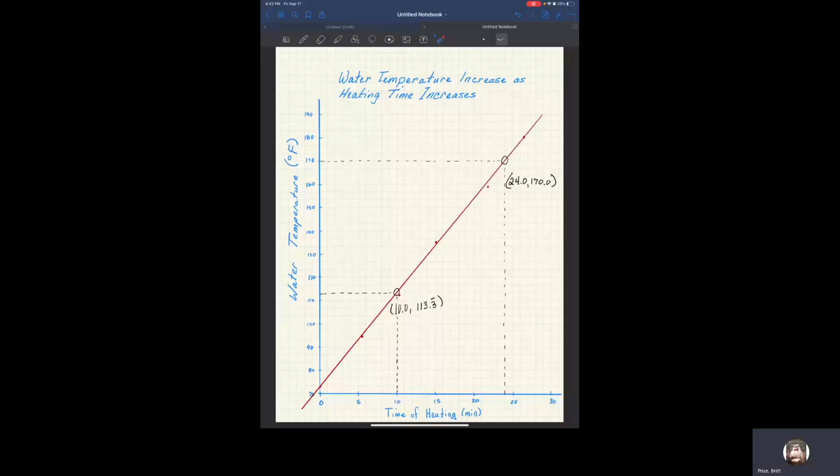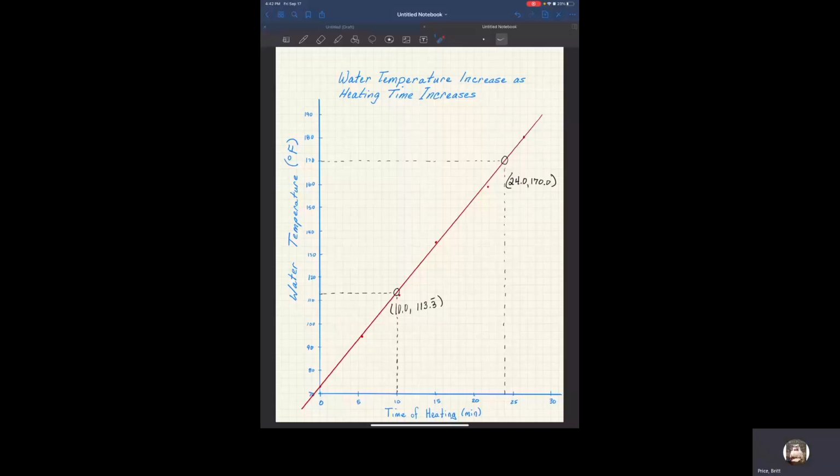So first thing you need to do, figure out what the scale is that you're going to use on the x-axis. What are you going to do on the y-axis? They don't have to be the same. But once you start with this being 1, 2, 3, 4, 5, you need to maintain that all the way across the axis.